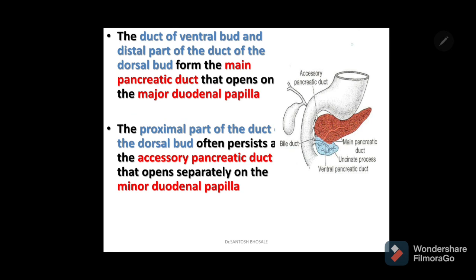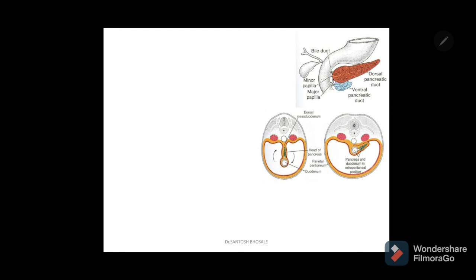You can see the duct of the ventral bud and the distal part of the duct of the dorsal bud form the main pancreatic duct opening in the major duodenal papilla. You can see here, this is the duct of the ventral pancreatic bud, the duct of the dorsal pancreatic bud, and the oblique communication between them. Whereas the proximal part of the duct of the dorsal pancreatic bud is the accessory pancreatic duct or duct of Santorini opening at the minor duodenal papilla.